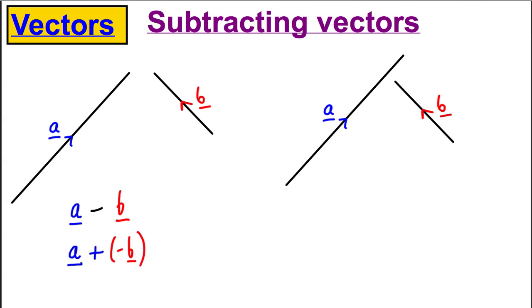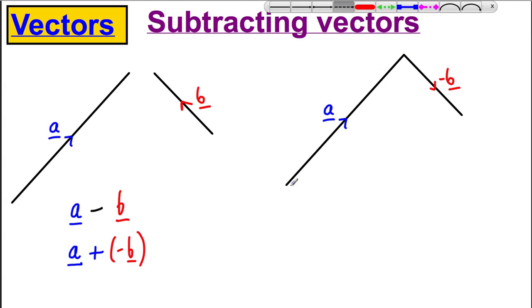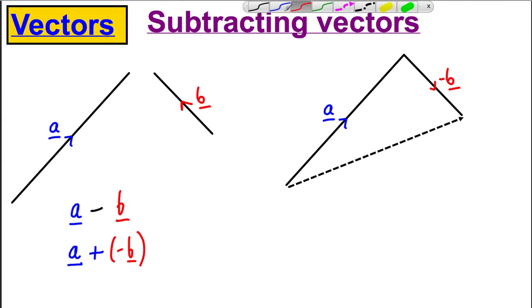Now negative B, clearly, must be in that direction. So therefore A minus B is actually a triangle as well, but it goes like that. Okay, so when you subtract vectors, it's like adding the negative of the second vector. So that's what A minus B actually means.